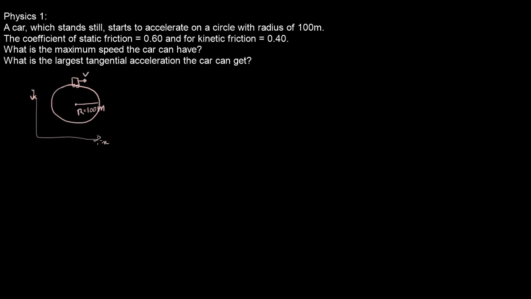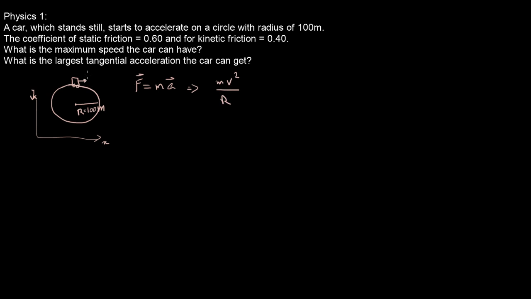So here is the surface of the earth, x and y. This is the car. It's moving on a circle on the ground, and the velocity is v, and we are interested in finding the maximum speed. I'm going to use Newton's second law, F in vector format equals ma, and in the radial direction I will get m v squared divided by r.